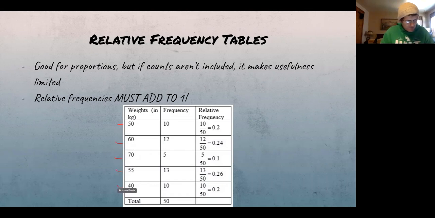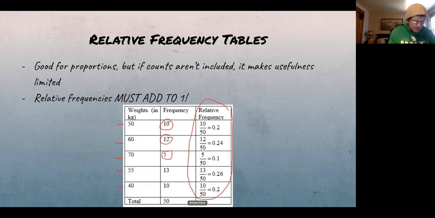Maybe that has something to do with how much people weigh. But we've got all these frequencies, and this got turned into a relative frequency in this column right here, because there were 50 people total, so 10 out of 50 makes it 20%, 12 out of 50 made it 24%, and so on. So we can see the relative differences between them a little easier.